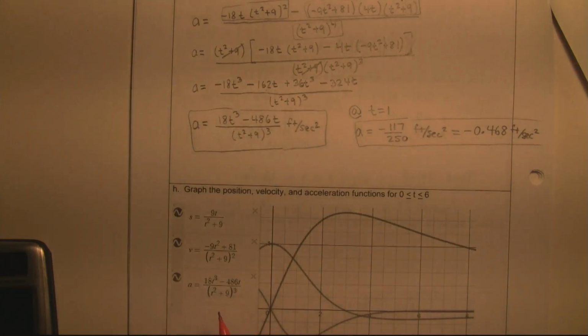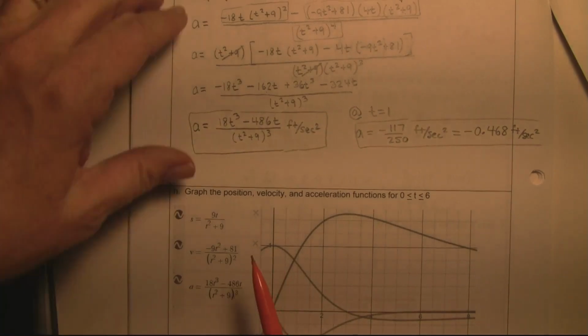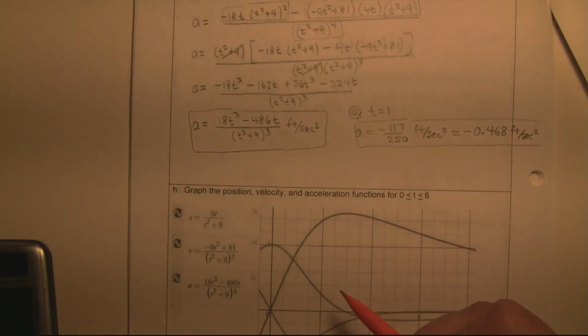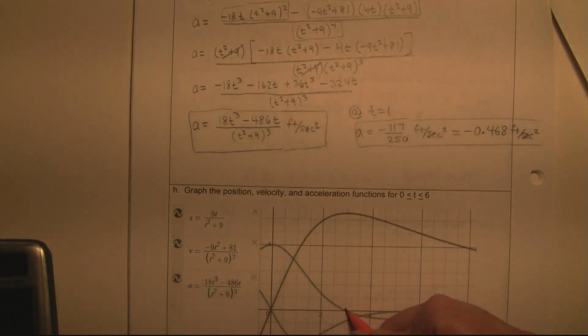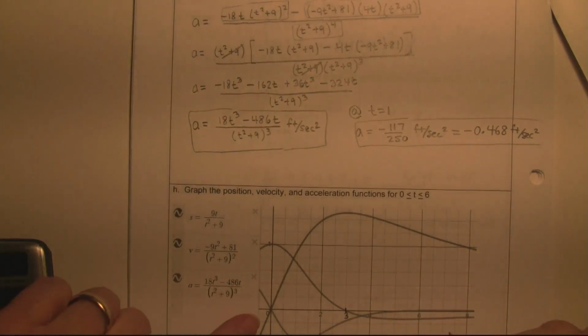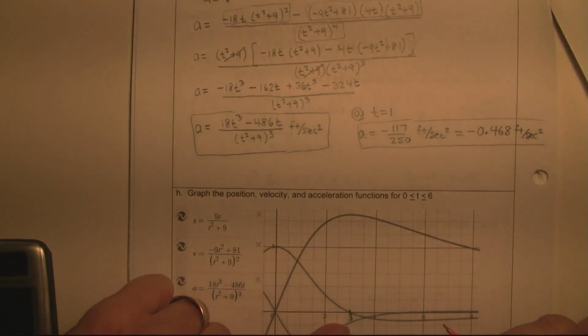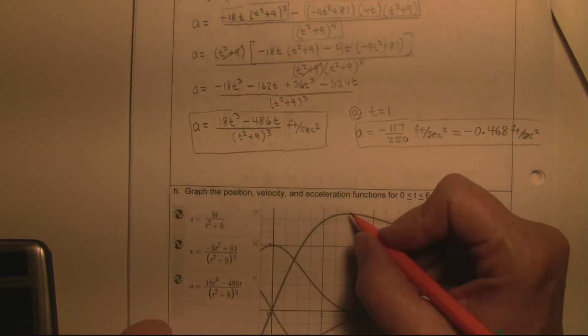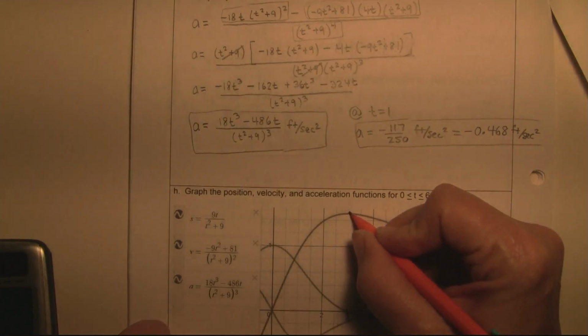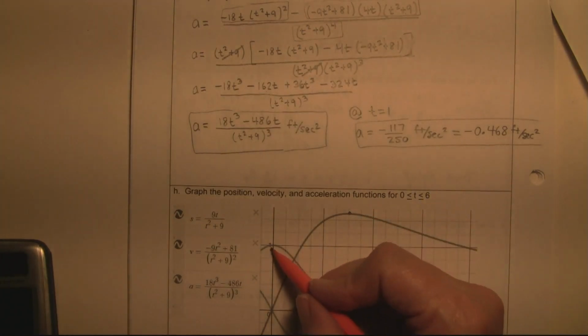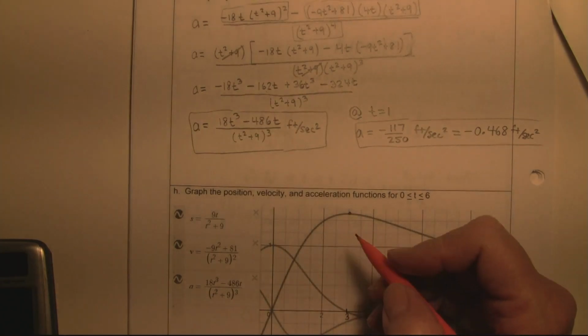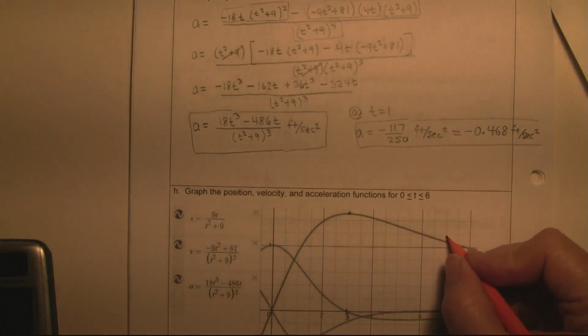I also knew that S at 3 was 1.5. So here's 3. My choices for S were this one or this one, and at 1.5, this one is at 1.5, right? Because that's 1, so another half more. So this function right here is S.